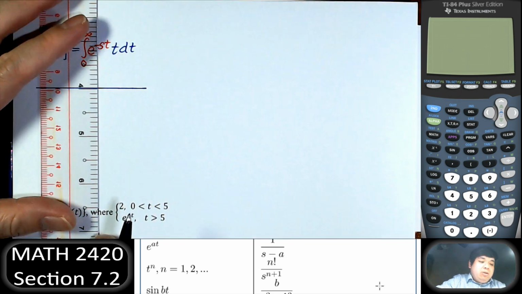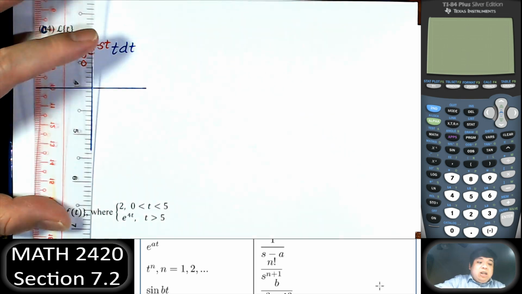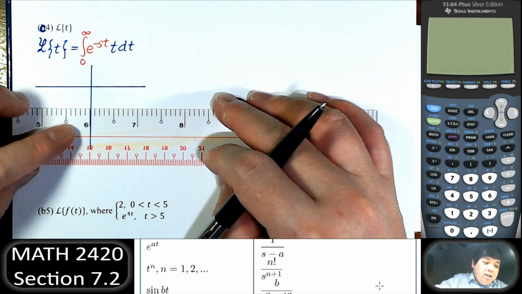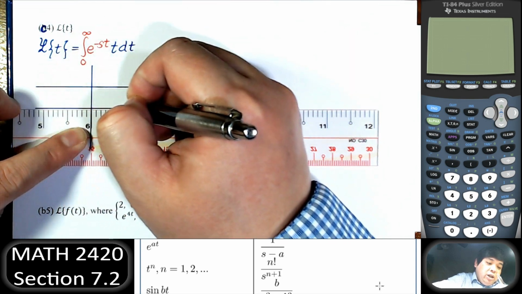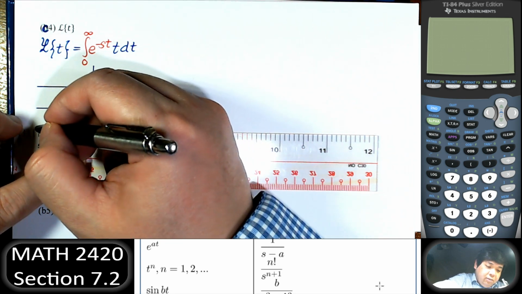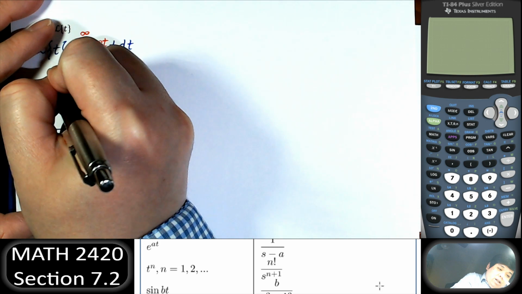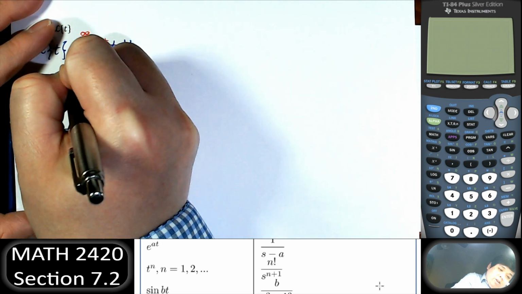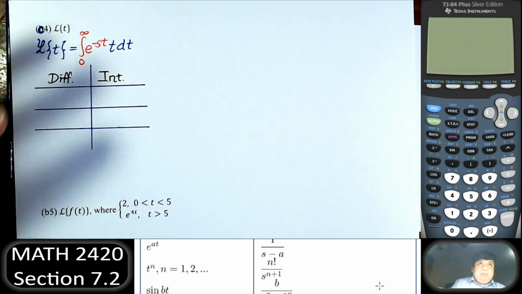So we have a table. One column is taking derivatives successively, and the other column we integrate. So one column is differentiated, the other column is integrated.